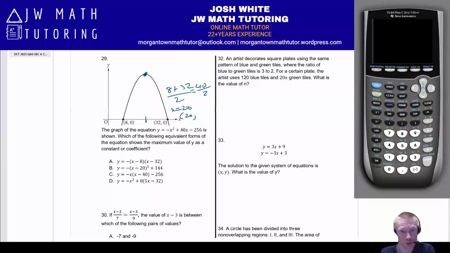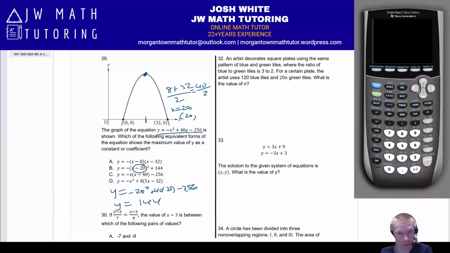So then all you have to do is take 20 and plug it in, and notice that corresponds right here, x minus h, x minus 20. Take 20, plug it into this original function and evaluate it. Just do it on the calculator. And then when you do that and work it out, you should get 144 as the value.